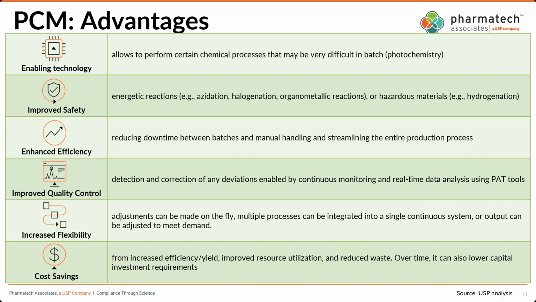Another advantage of continuous manufacturing is that it's very flexible. For example, some of the generic companies always have different products and different demands based on what drugs they are making and what the demand in the market is. Continuous manufacturing has the flexibility to make changes on the fly, and you can easily scale up or scale down your processes based on the demand for that one particular drug.